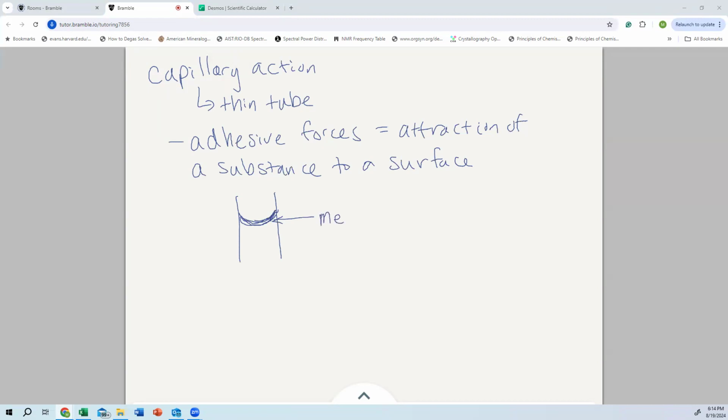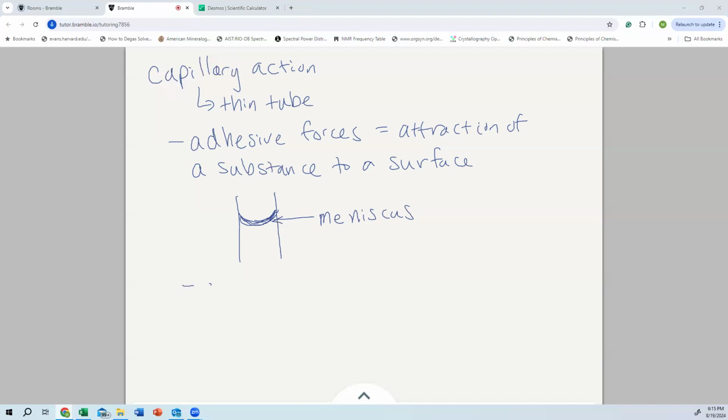And let's see if I can spell meniscus. I don't think that's how you spell it. So the meniscus is that curve that we get. You have definitely seen this in lab when you're trying to read a graduated cylinder or a beaker. You always read to the bottom of the meniscus. So that is our adhesive forces.